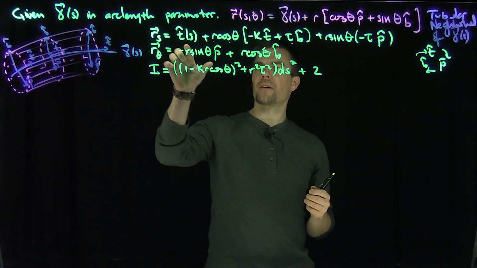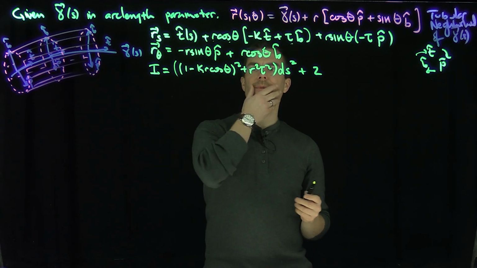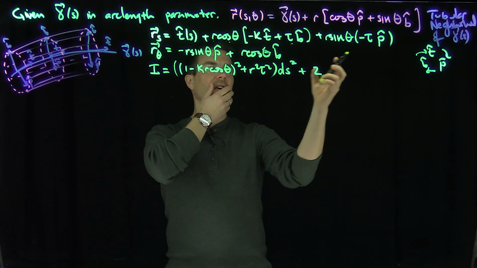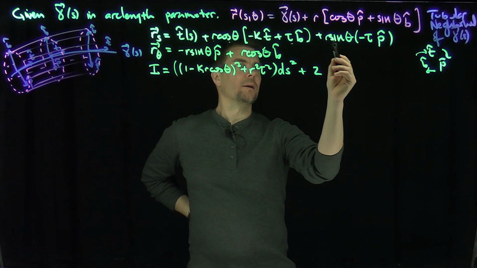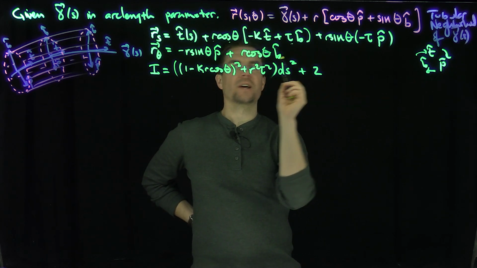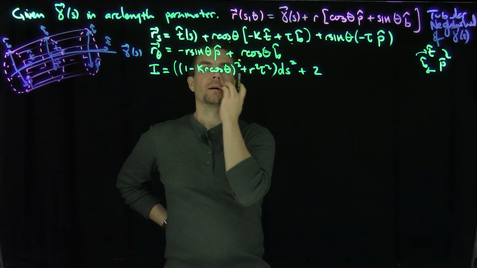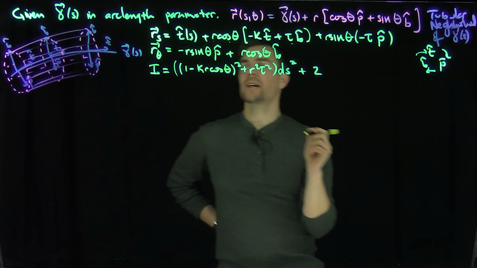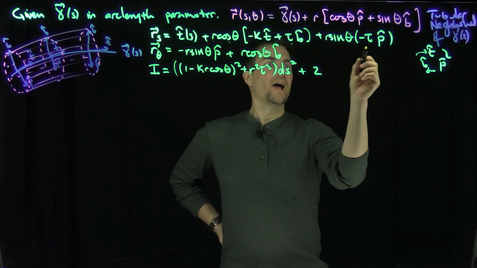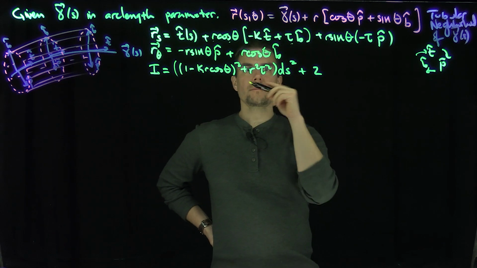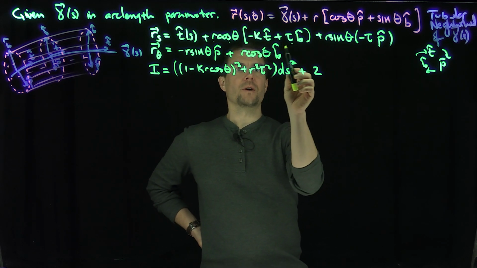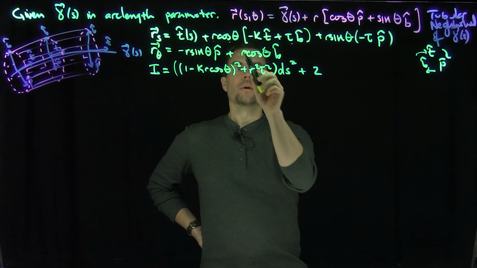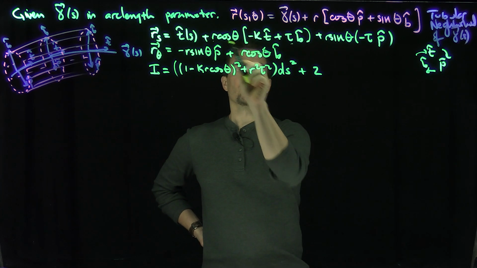So if I do the dot, I'm going to have 0 over here, 0 over here. So I'm going to have to do the pp. There's going to be a negative r tau sine theta, and then r sine theta. It's going to be r squared tau sine squared. And then b dot b is going to be r squared cosine squared tau.